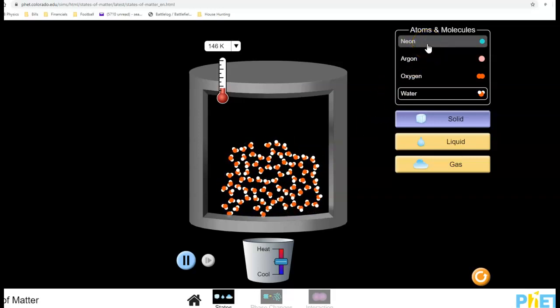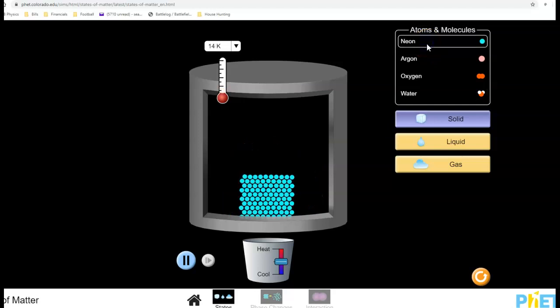So just for simplicity, I think we're going to look at the neon atoms first, just because they're a little easier to see. Right here we have a solid. Notice that what's characteristic in a solid is that the atoms are kind of neatly arranged together. They're compacted. They're not floating around. They're not really free to move. They're kind of held tightly together. But even though they're held tightly together, notice what are the atoms doing?